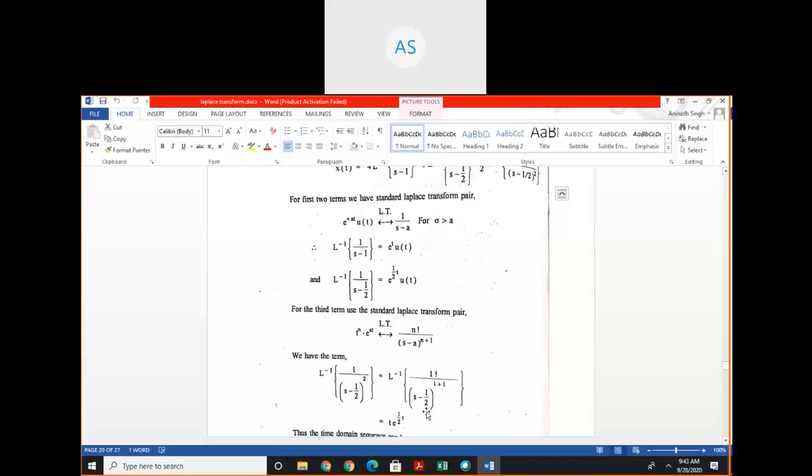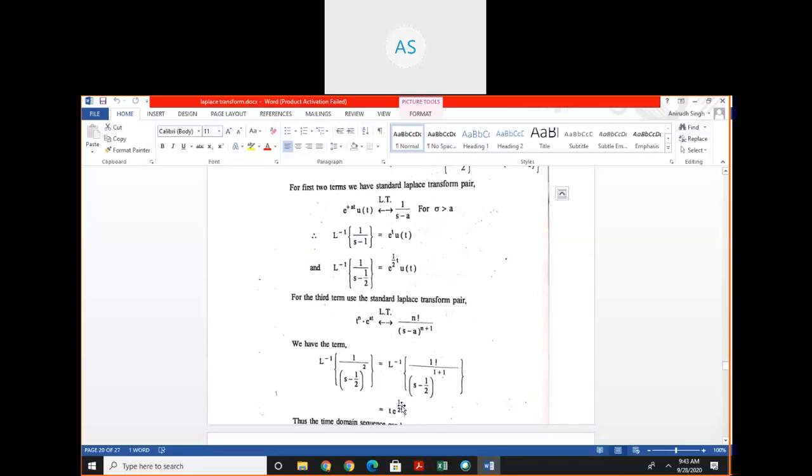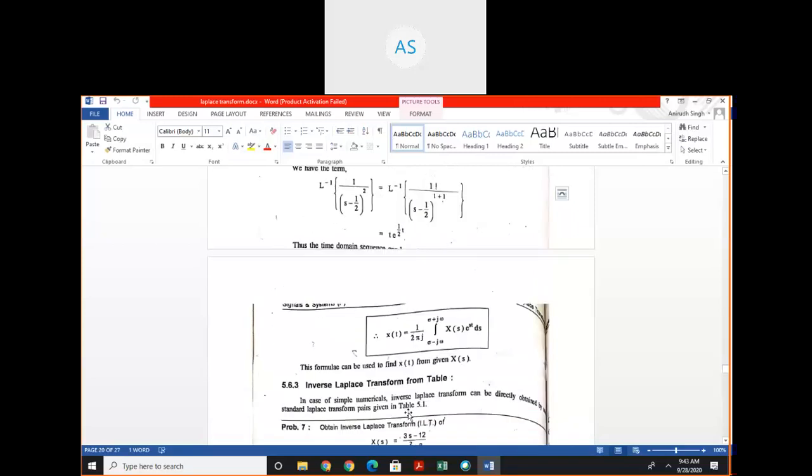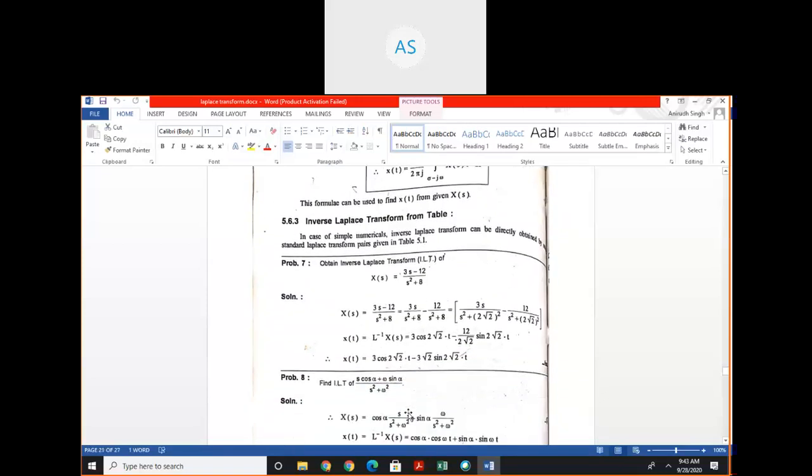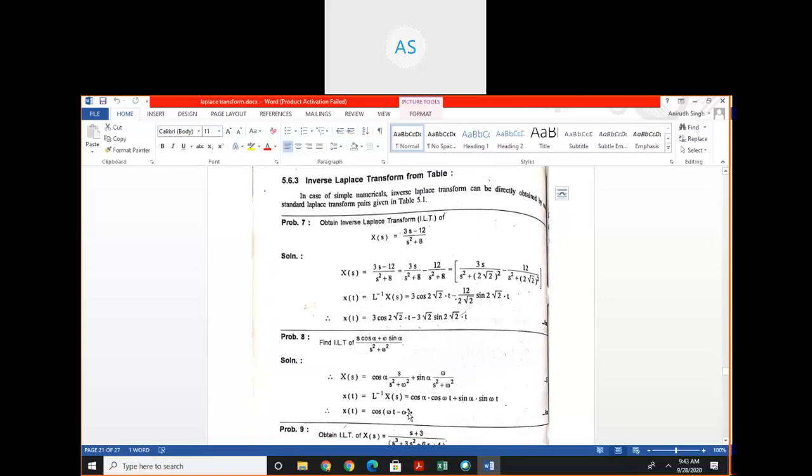And for the third term, we use the standard Laplace transform pair: the Laplace transform of t raised to the power n multiplied by exponential at is given by n factorial divided by s minus a raised to the power n plus 1.